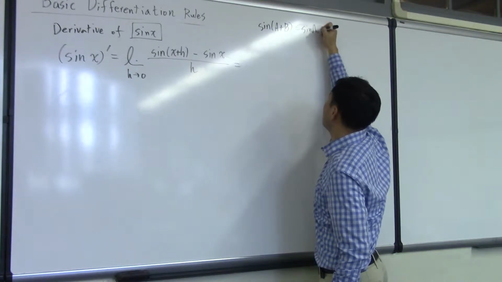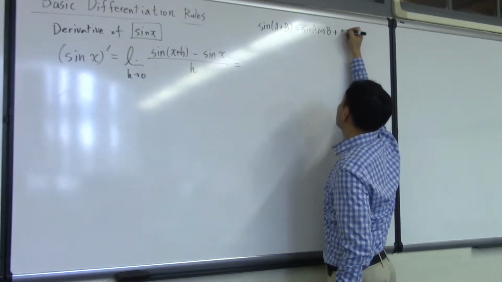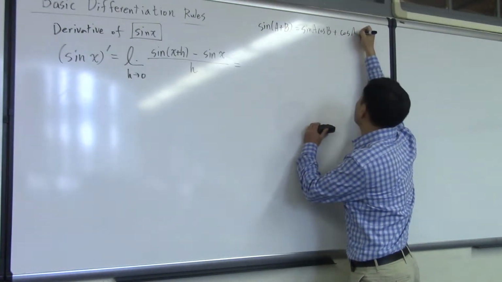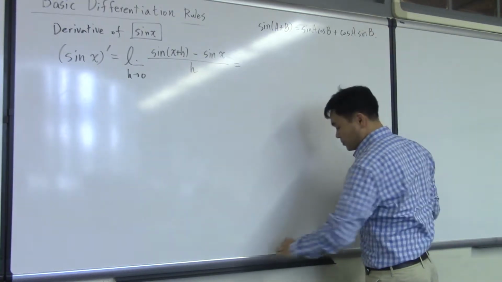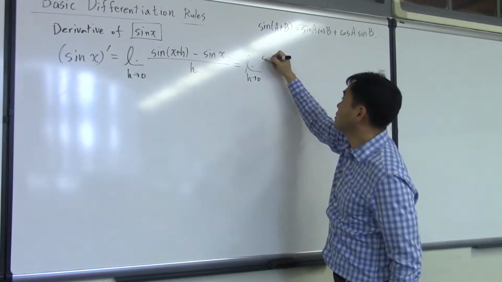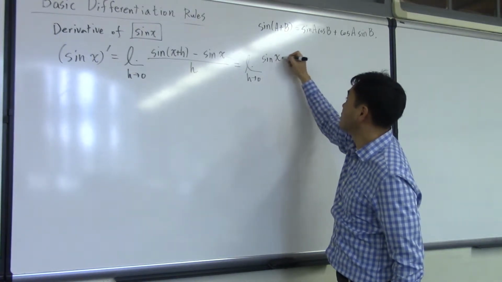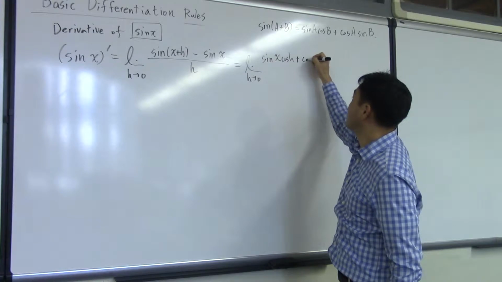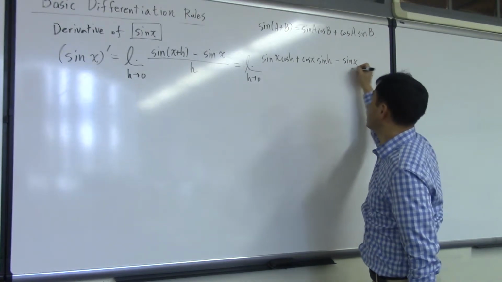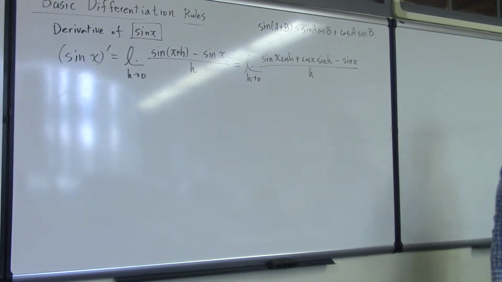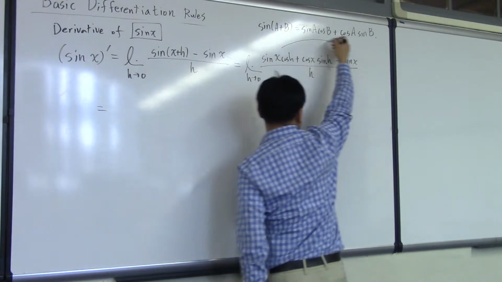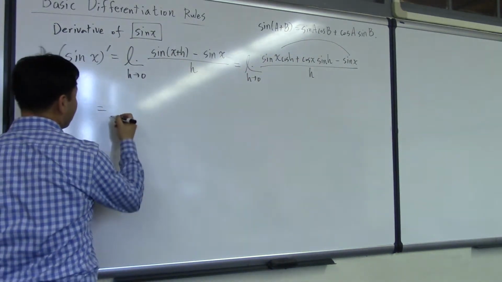This is sine A cosine B plus cosine A sine B. So if I apply that here, and then since these two terms have sine x in common, I want to factor the sine x out.